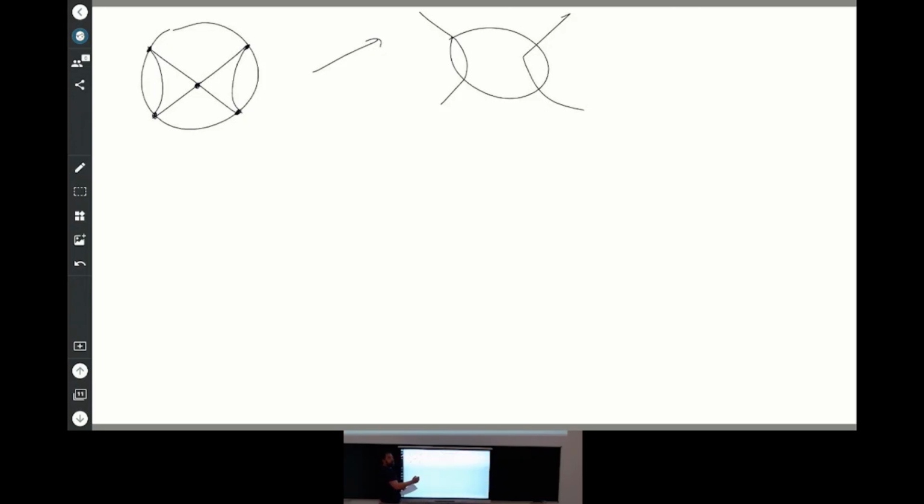That will be one contribution to the beta function. But when I hit the edge one, I'm going to get something a little different. I'm going to get something that looks like this. So these are the two diagrams I get.